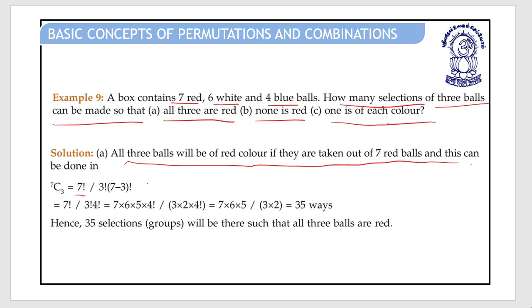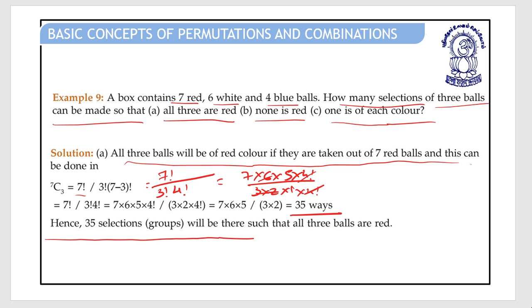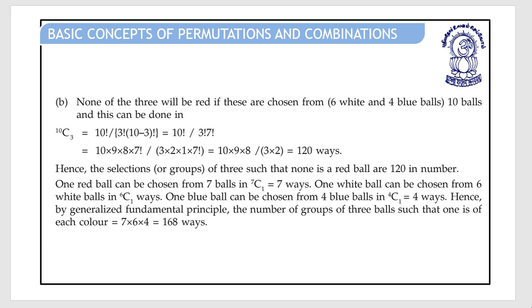So 7 factorial, 3 factorial, 4 factorial is equal to 7 into 6 into 5 into 4 factorial upon 3 into 2 into 1 into 4 factorial, 4 factorial cancel, 3 2s are 6, 7 5s are 35 ways. Hence 35 selection groups will be there such that all 3 balls are red.